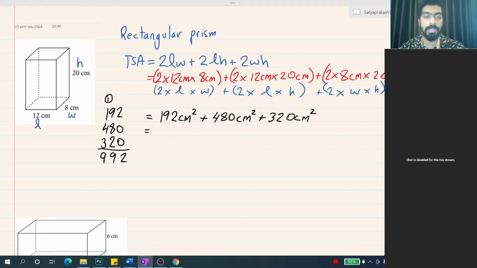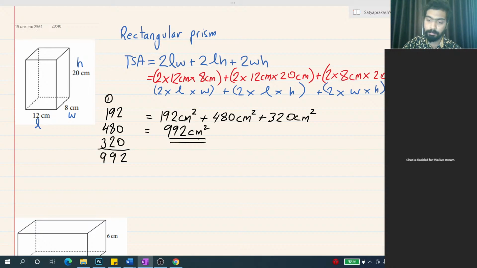So the answer is 992, and the units will always be square units. Here we are talking about centimeters, so the final answer will be centimeter square. Therefore, the TSA of this figure is 992 square centimeter.